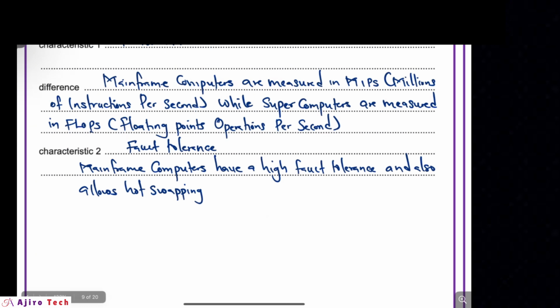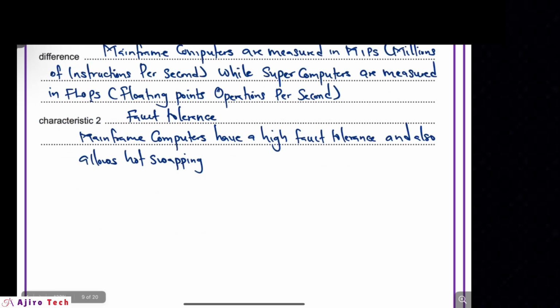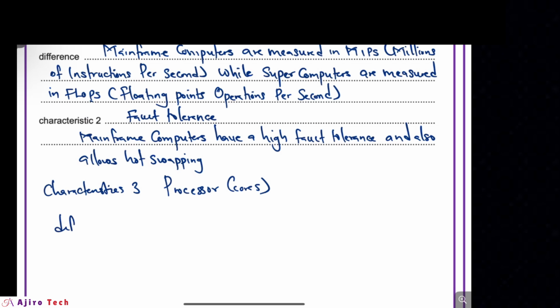Let's look at it in terms of cores. In terms of processor core, let's talk about it in terms of processor core. Can just put this as characteristic 3, processor core, difference. The supercomputer has more cores than the mainframe.